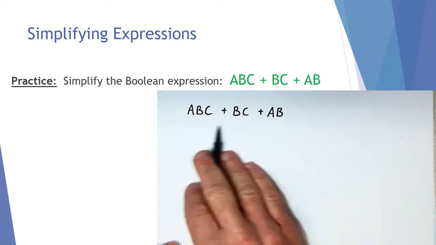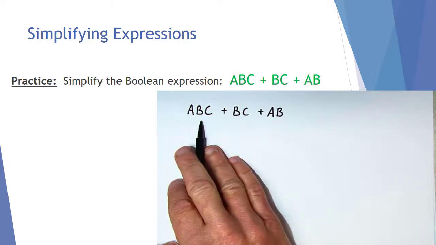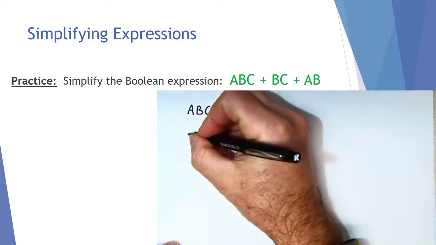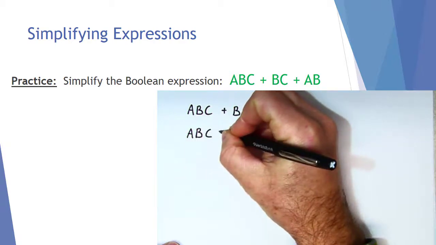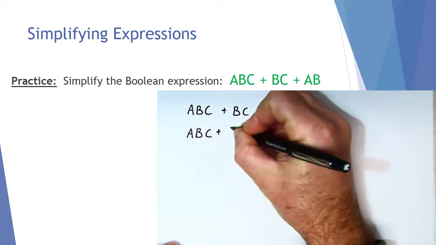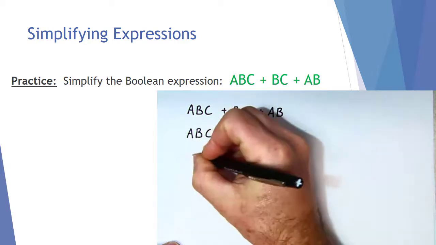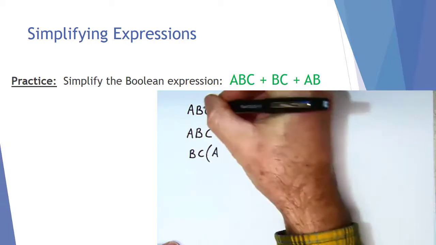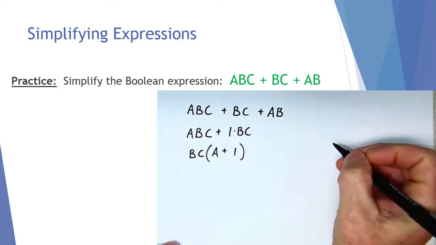If you take a look at these first 2 terms, ABC or BC, they have a common factor of BC. Now, we'd like to factor that out, but we have to recognize that this is really ABC plus 1 times BC, which means the BC could be factored out, just like in regular algebra, and that leaves us with A from this term, or a 1 from our second term.